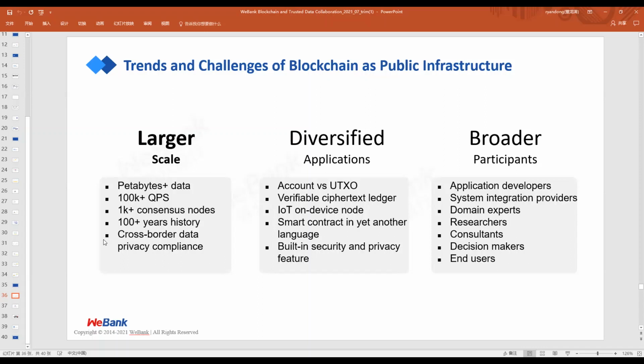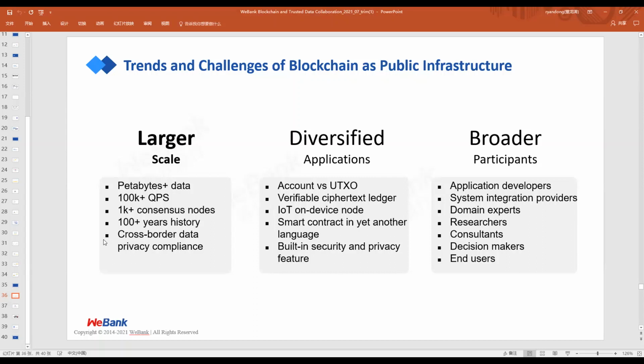So we will see much larger scale data hosted on blockchain in the future. They may also expect a higher QPS and a larger scale of network. A current consortium network is usually not more than 100 nodes, but in the future, we may have a mixed mode and sharding to support thousands of nodes, more participants in the blockchain network.